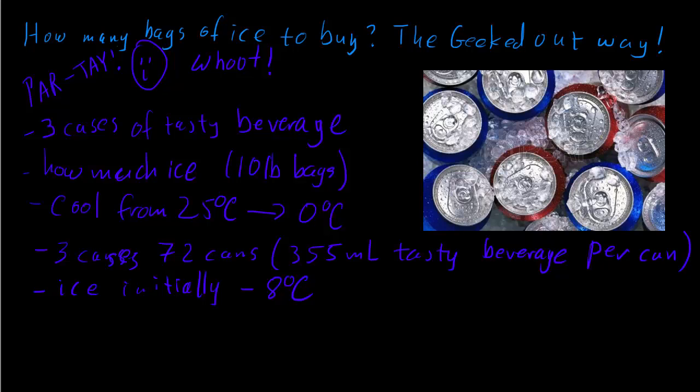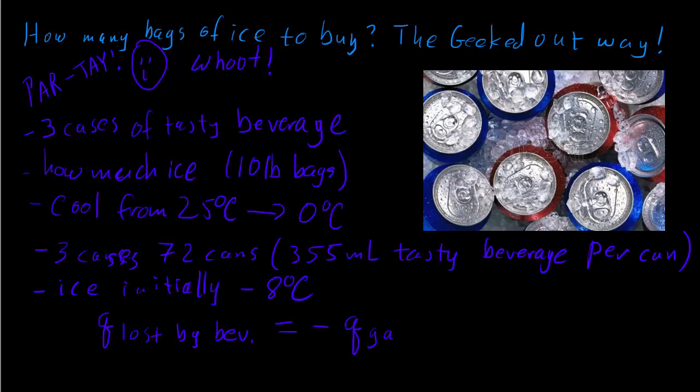So first we're going to use a bit of the first law of thermodynamics. We're going to be cooling our beverages, so from the beverages' perspective, it's an exothermic process. The beverages are going to be losing heat. Heat's going out of the beverages, right? So the heat, Q, lost by the beverages, the tasty beverages, yum, is going to be equal to, but opposite in sign, to the heat that is gained by the ice.